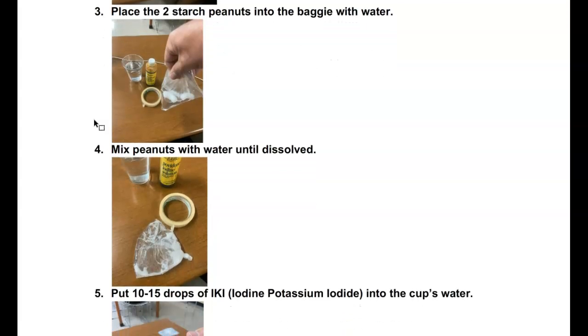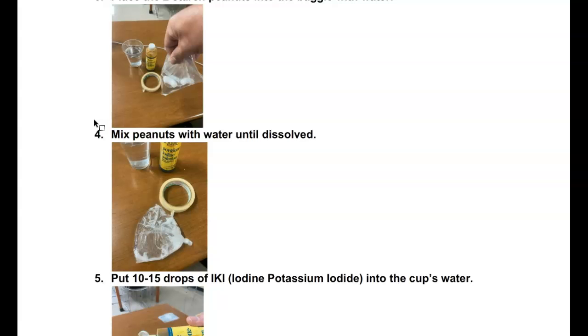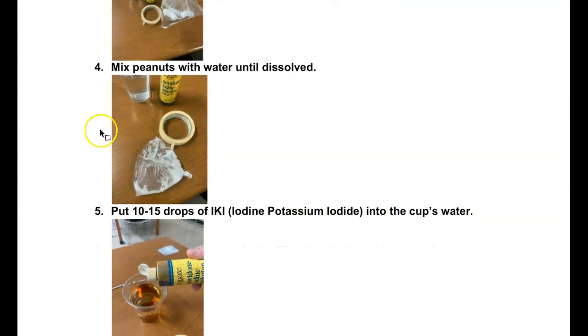Then you just use your hand and knead and squish the starch peanuts around, and they will slowly dissolve and break up. They don't totally dissolve. You can see I laid it down here on the desk, and there's still some chunks of white stuff, but there's also some inside here that you can't really see. You can see some tiny little spots. So it's dissolved enough that we'll get the effect that we're looking for.